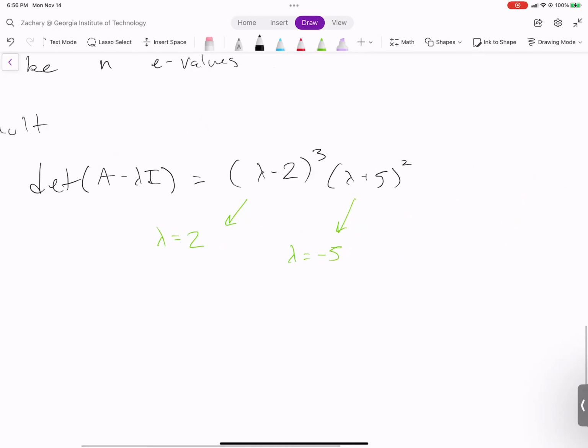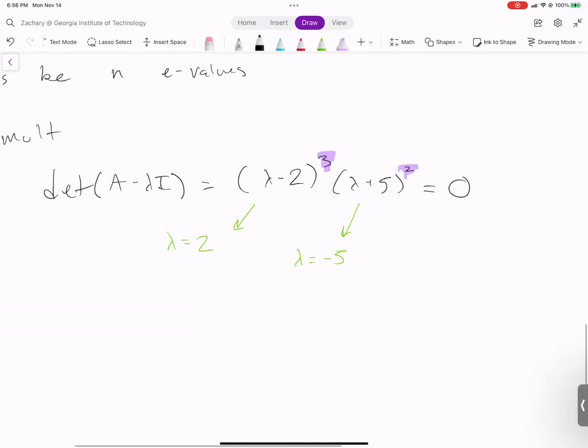What algebraic multiplicity is, it's this power up here, okay? So who can tell me what size matrix would make something that looks like this? 5 by 5, right? Because there's a degree of 5.